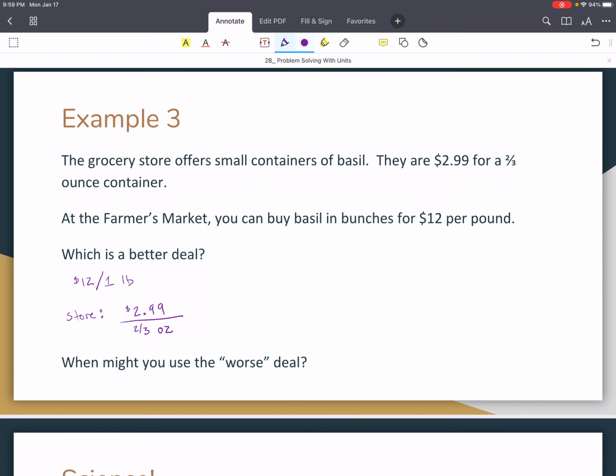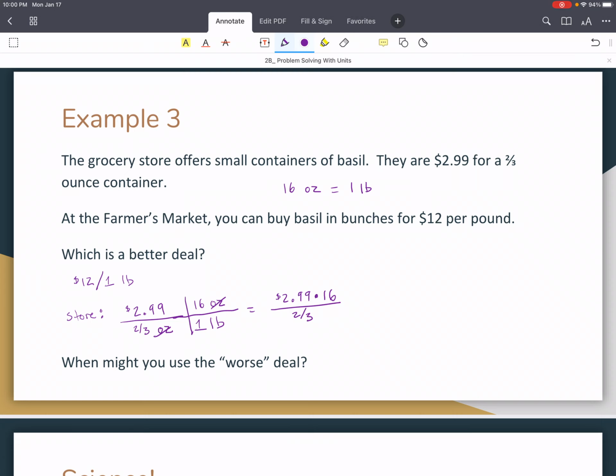Well, I need it to be dollars per pound, which means I need pound to be on the bottom here. So I need to see how many ounces are in a pound. And just in case you don't know, 16 ounces are in a pound. Now my ounces cancel, so I'm going to go 2.99 times 16 and divide it by 2/3.